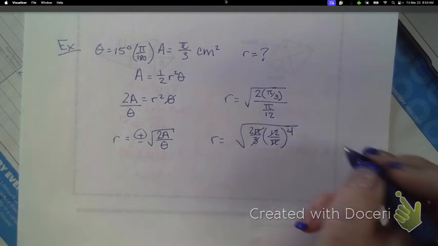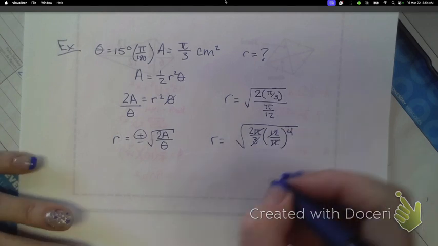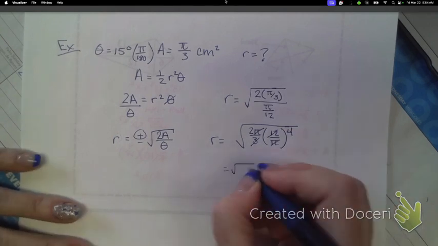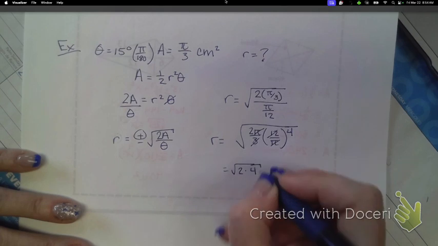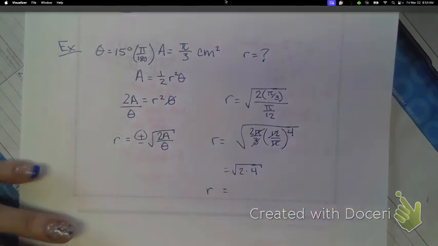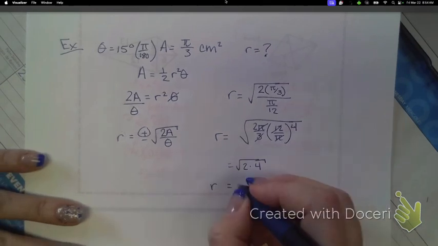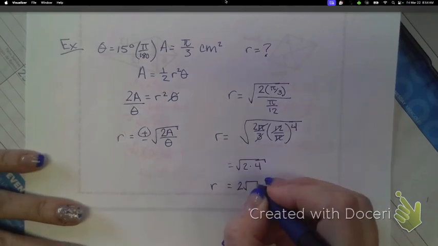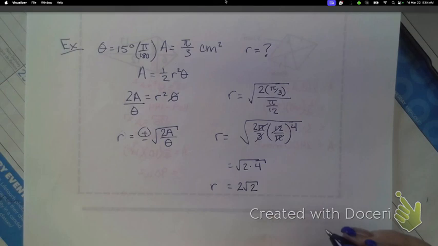So I have the square root of 2 times 4, so what can I bring out? 2 square root of 2 centimeters.